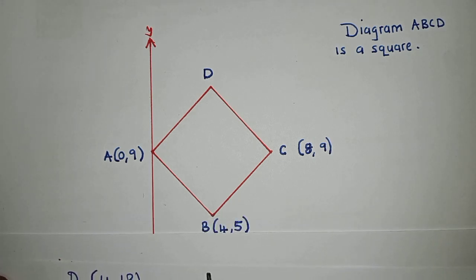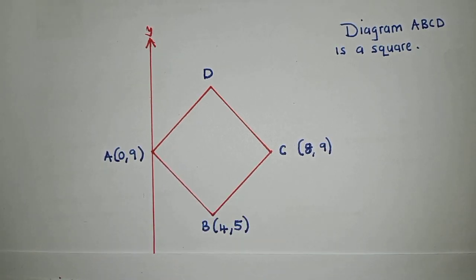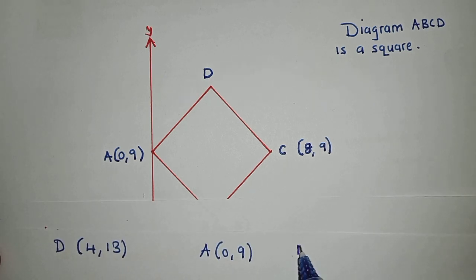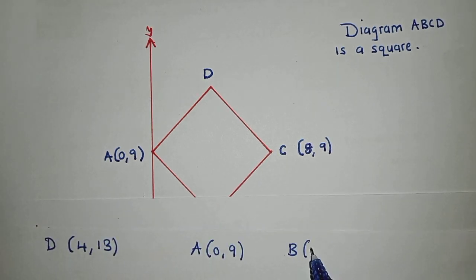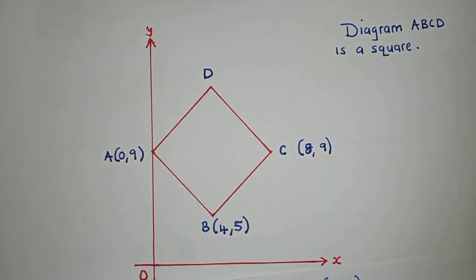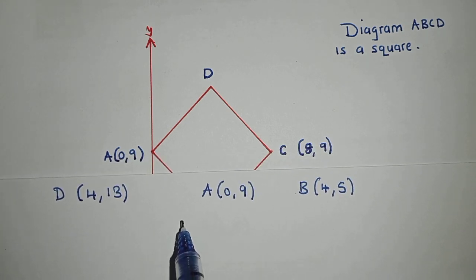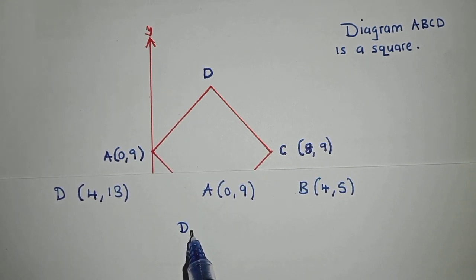I'll get point A, which is (0, 9), and point B, which is (4, 5). Upon getting these points, I'll find the distance.